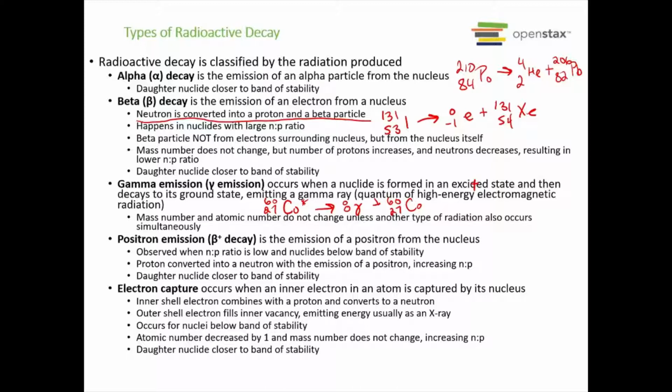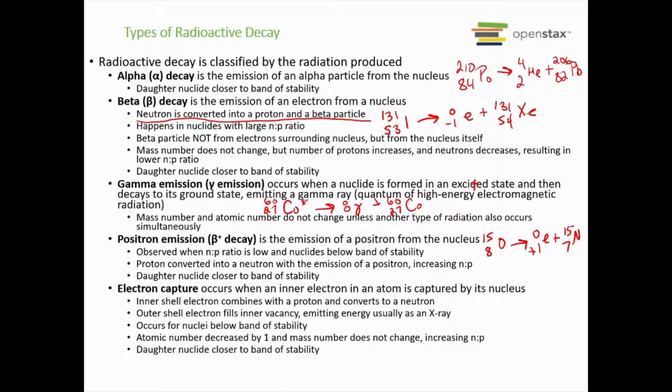What happens is a proton is converted into a neutron and a positron is emitted, increasing our neutron to proton ratio and bringing the daughter nuclide closer to the band of stability. An example of this is oxygen-15, emitting a positron and making nitrogen-15.